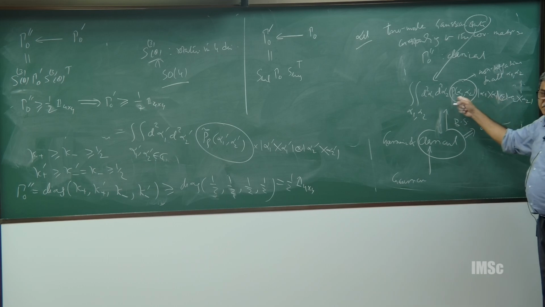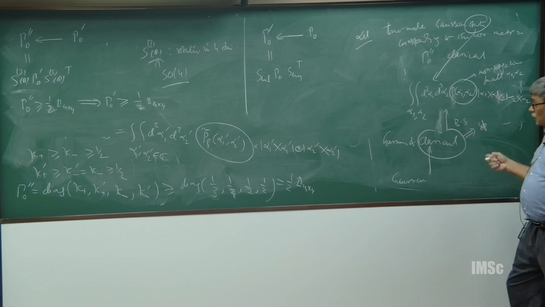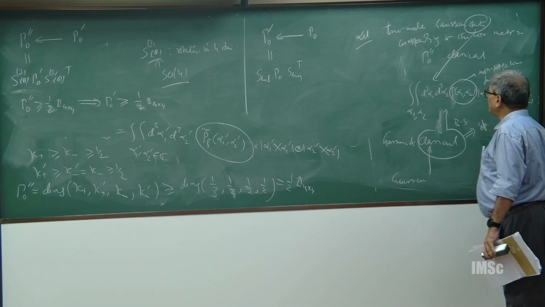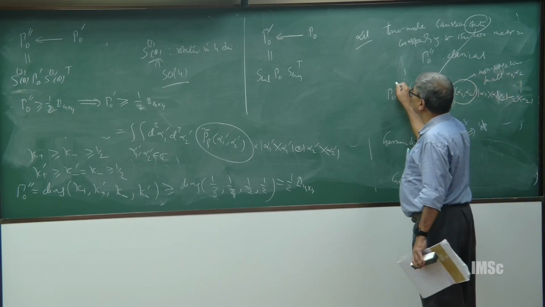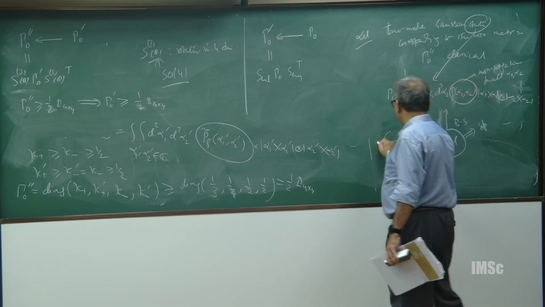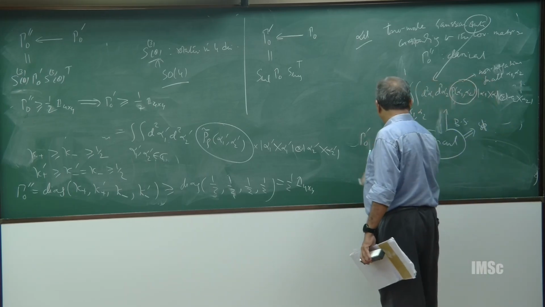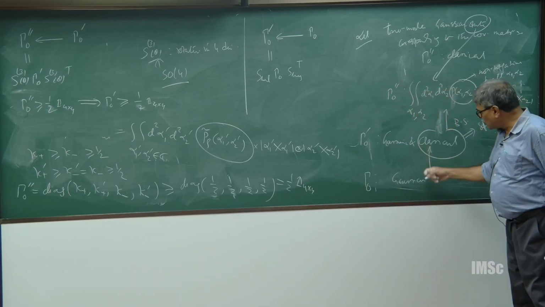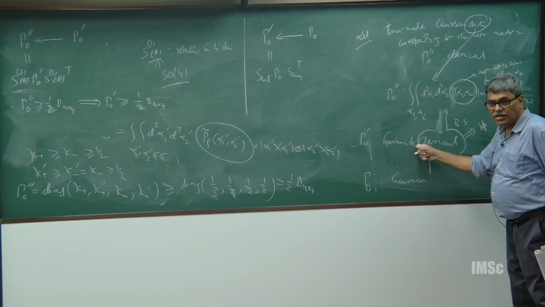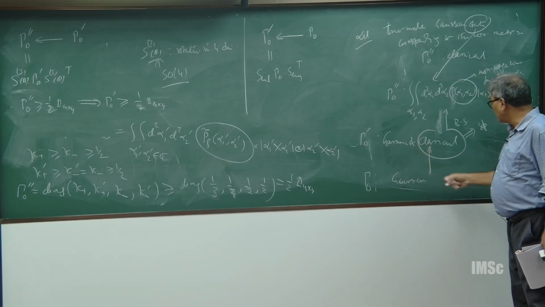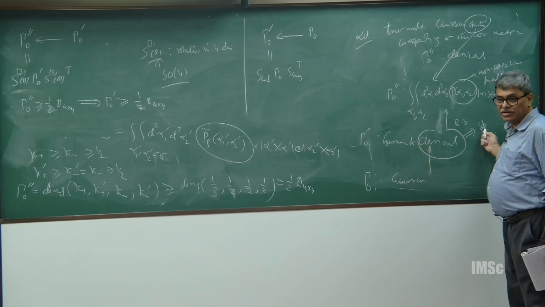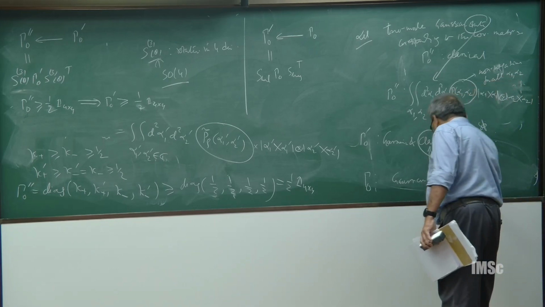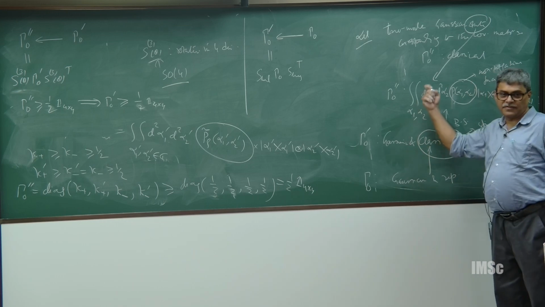Classical means the state is separable, because p is non negative. So, this state is separable. This is at the level of gamma 0 double prime, this is at the level of gamma 0 prime, this is at the level of gamma 0. Local symplectic transformation will not change the separability property. Okay. So, we are basically reversing the process.